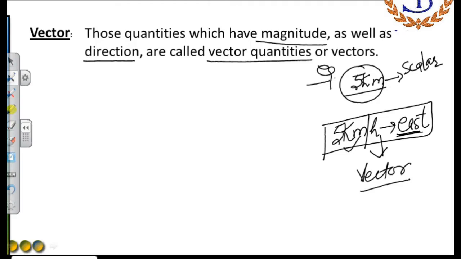Now how will you represent a vector quantity? If I have written here 5 km per hour the speed of a stone, and here also I am giving the speed of a stone, but how can you say that this is a scalar or this is a vector? Is there any difference in the representation of a scalar quantity or a vector quantity? Yes, there is.